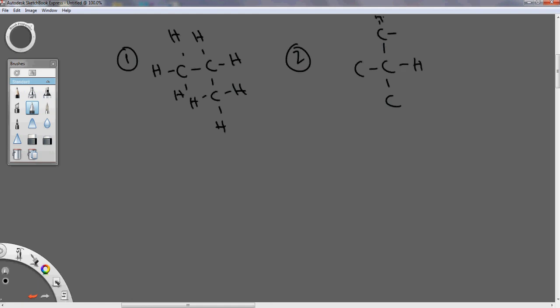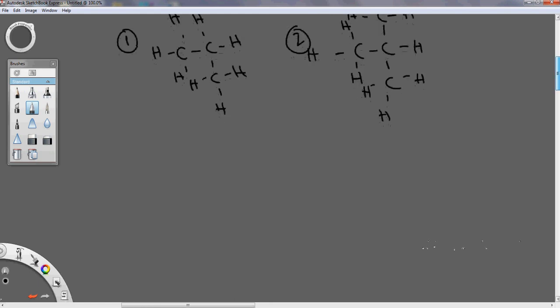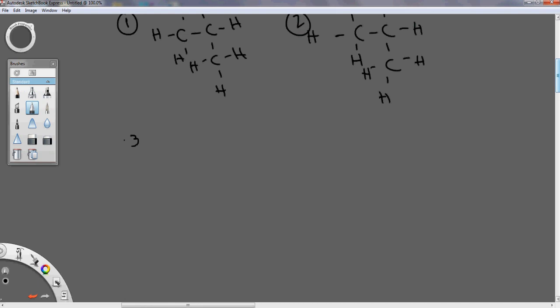That's a hydrogen up there. Remember, the hydrogens don't affect the name at all.